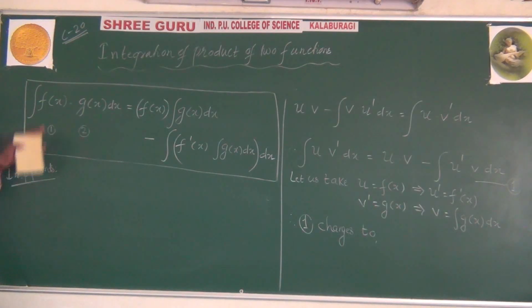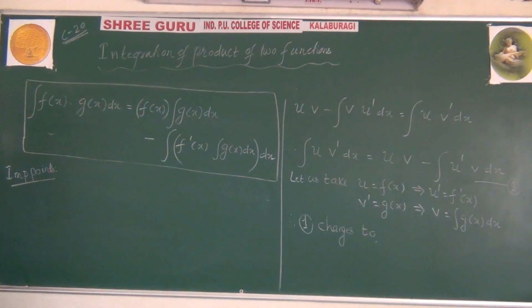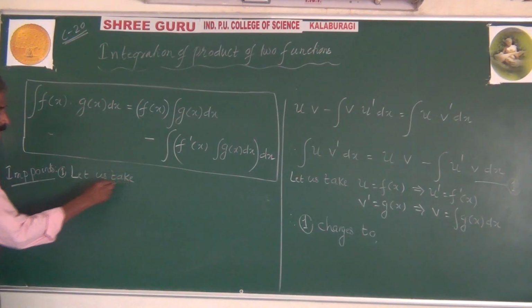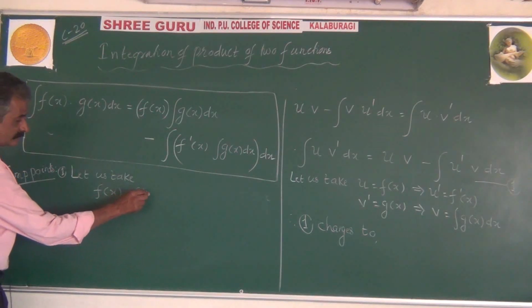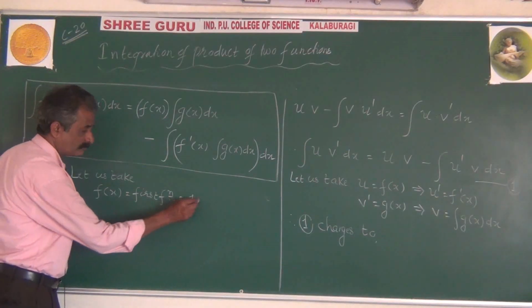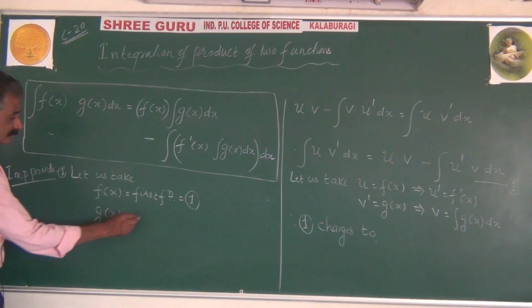So I will take f(x) as the first function and g(x) as the second function, so that this formula becomes very easy to understand. Right. First point. Let us take f of x equal to the first function, that is 1, means first function, g of x equal to the second function.